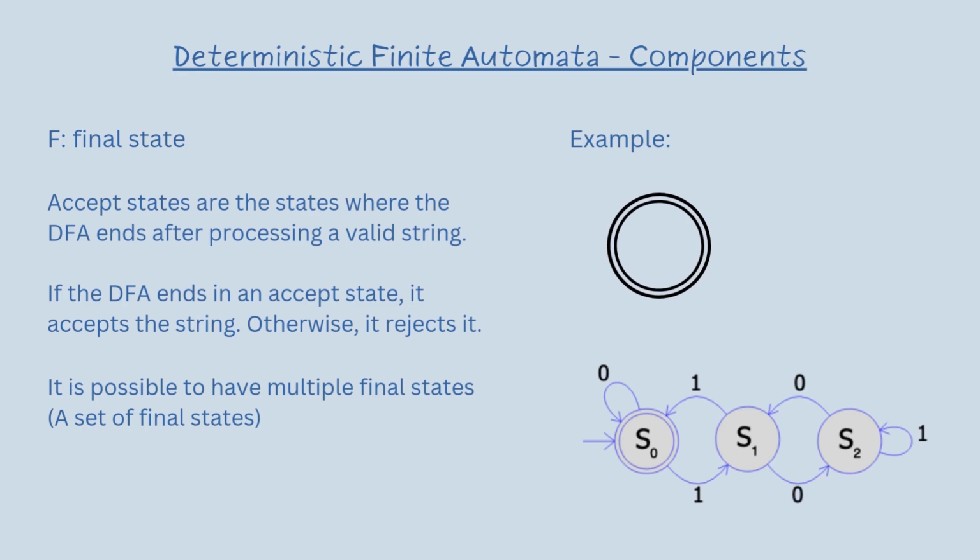So, final states, also known as accept states, are where the DFA ends after processing a valid string. Meaning, if you finish processing your string and you happen to be at a final state, then that string is accepted. And if you finish processing your string and you don't end up in a final state, then that string is rejected by the DFA.